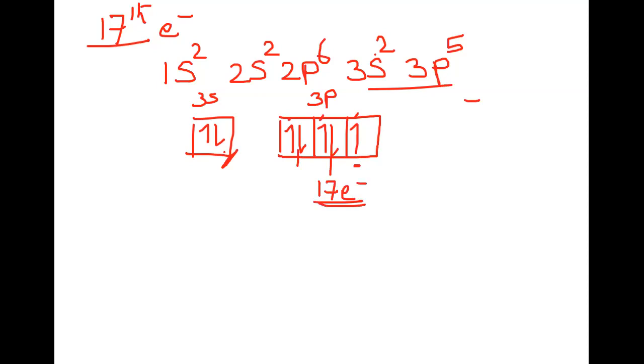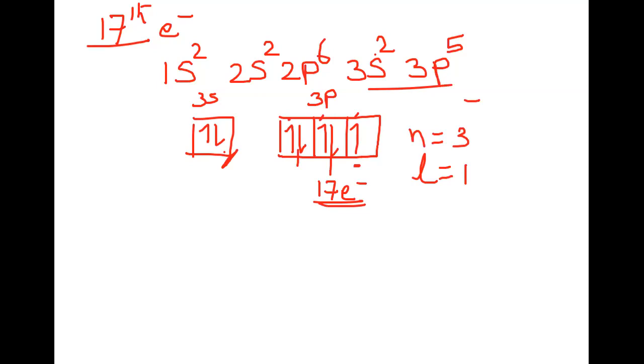And that is why, what will be its set of quantum numbers? Which period is it going to? Third period, so n will equal 3. Which subshell is it in? P subshell. So what is the value of l for the p subshell? It will be 1. Clear? Then what is the value of m, the magnetic quantum number?